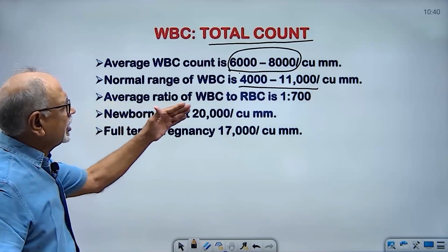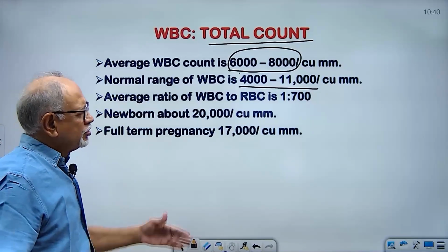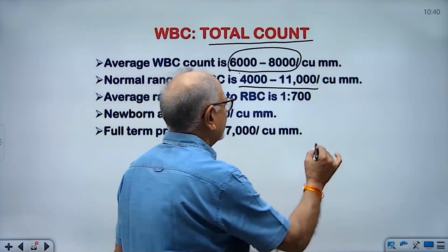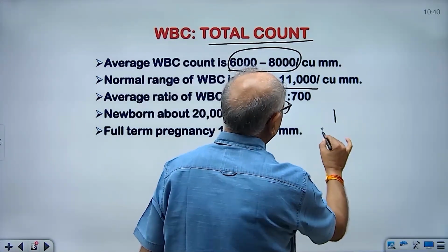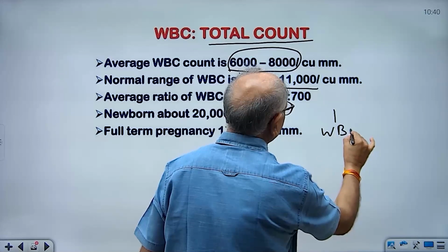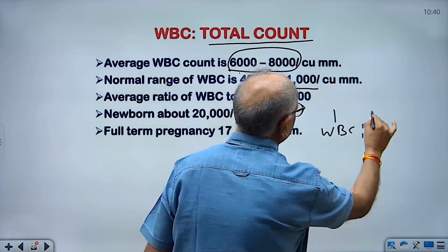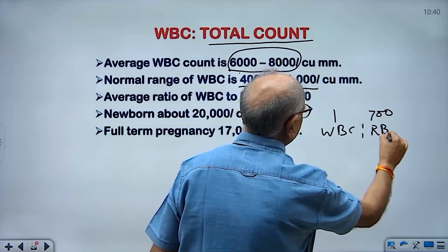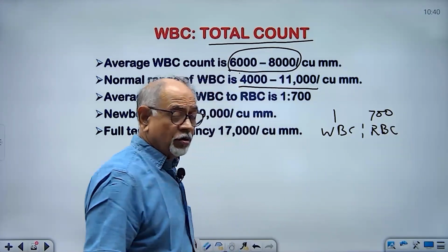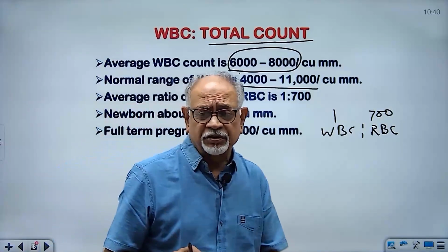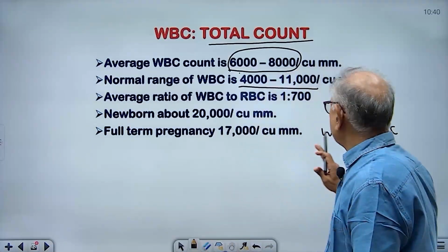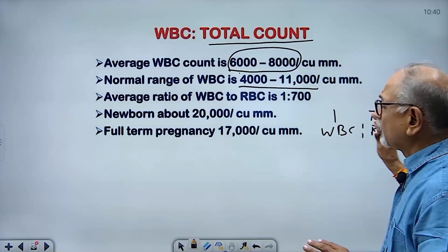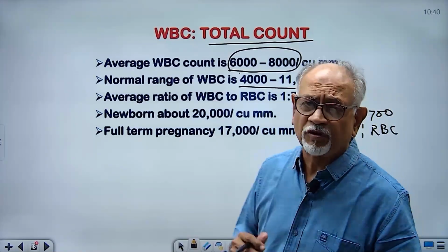Now the average ratio of WBC to RBC is 1:700, that is, 1 WBC to 700 RBCs. The number of RBCs is always more, and the number of WBCs is always less.